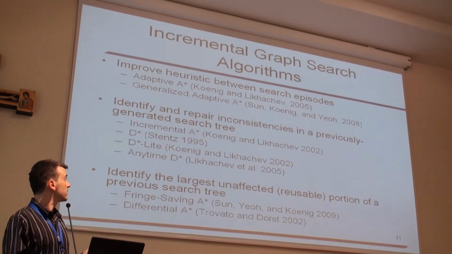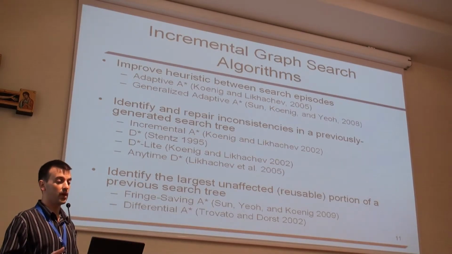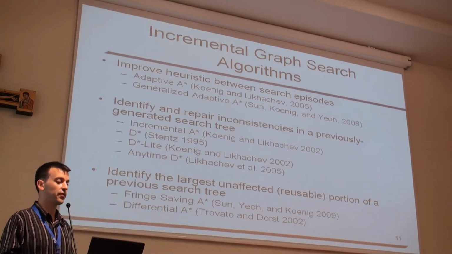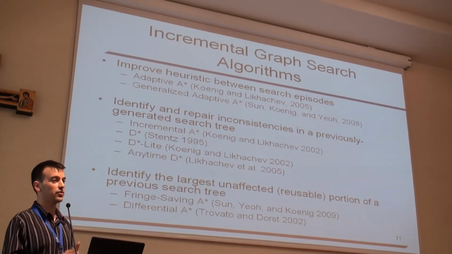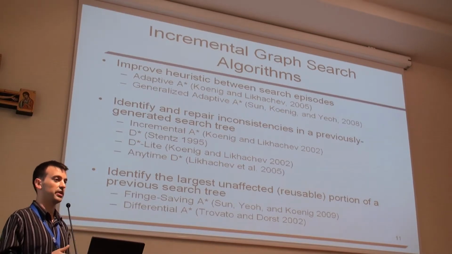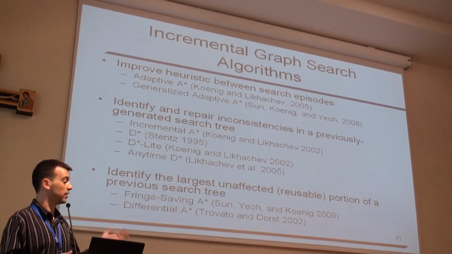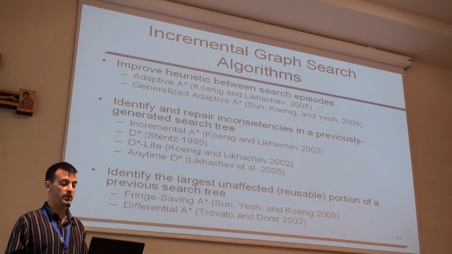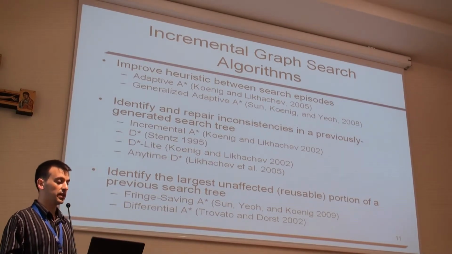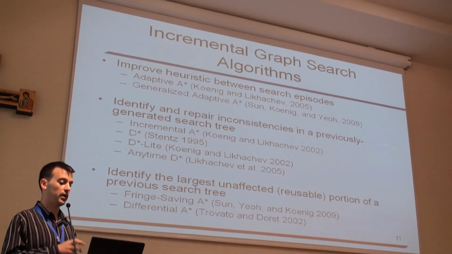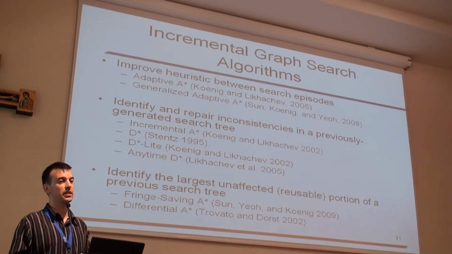So some of the common incremental graph search algorithms. There are mainly 3 classes. The first class aims to improve the heuristic between search iterations so that the next search iteration is done much faster. Examples of these are Adaptive A-star and Generalized Adaptive A-star. Then the second class aims to identify and repair inconsistencies in the search tree.